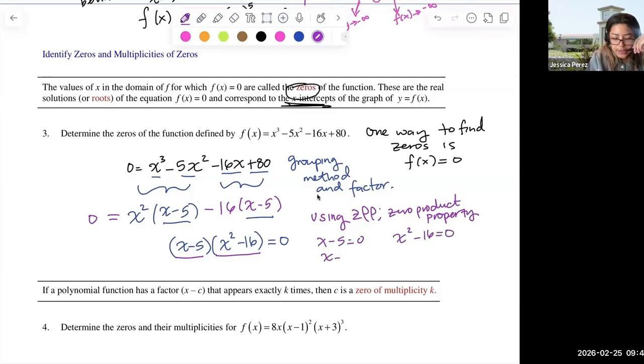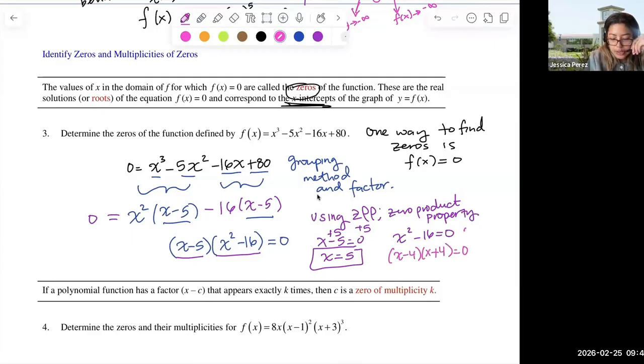Now here, this is easy to solve because that gives me x equal 5, moving the 5 over. Now here, you can use the square root property, move the 16 and take the square root of both sides, or you can factor the difference of squares, x minus 4, x plus 4.